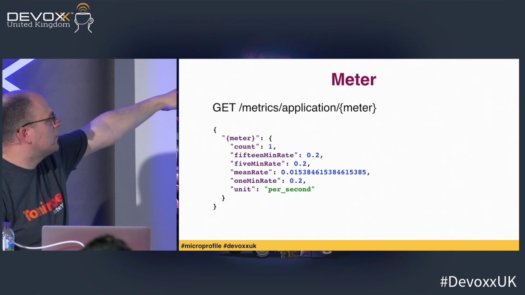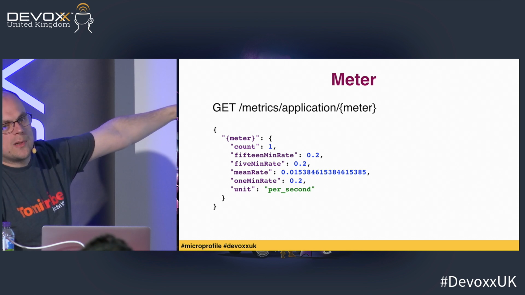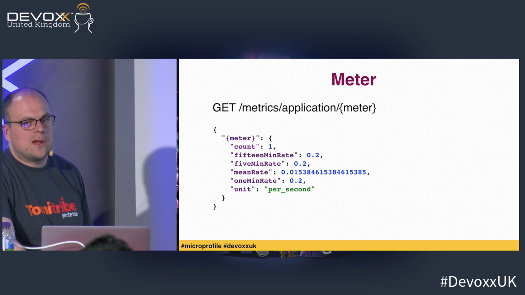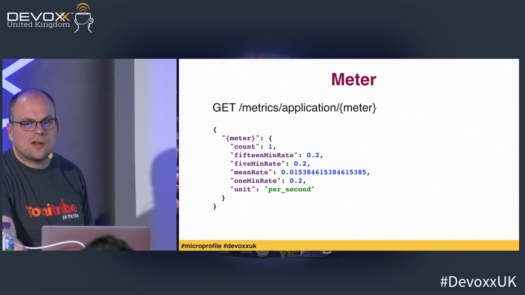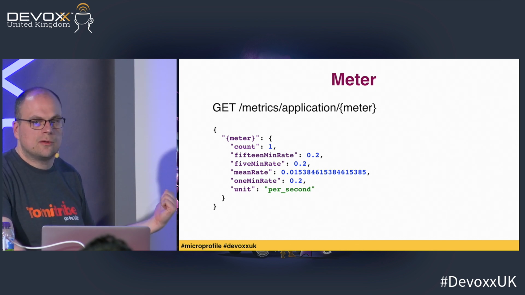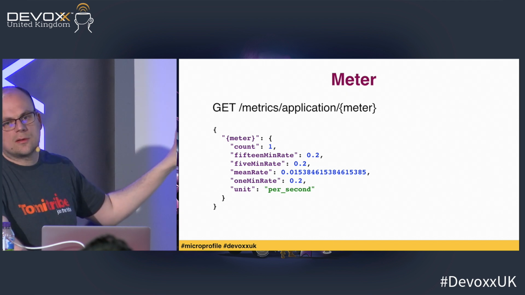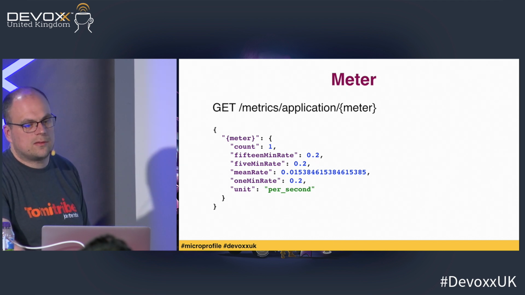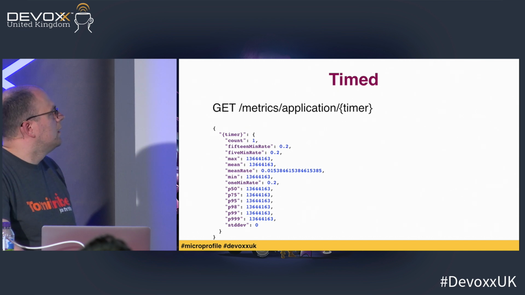You get the 15 minutes, 5 minutes, and 1 minute. If you're looking to see whether something is slowing down, or whether we're getting fewer requests coming through, you can look at these statistics to get a view on that.